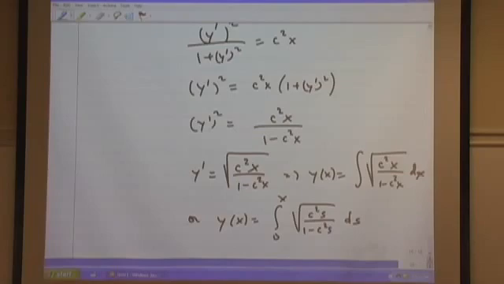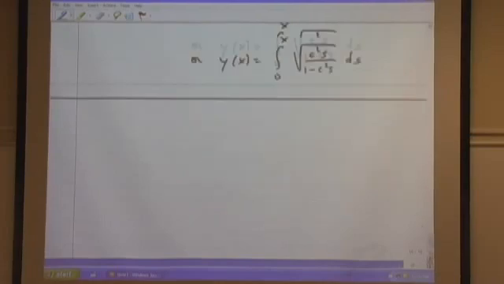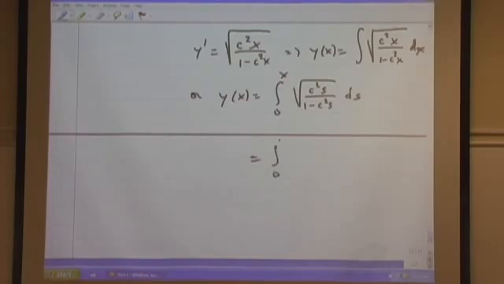The only difference in the book is they use a different constant c. I think they use the reciprocal 1 over c. So you can write this as the integral from 0 to x of square root of s over 1 over c square minus s ds. Okay? But who's going to determine the value of c?